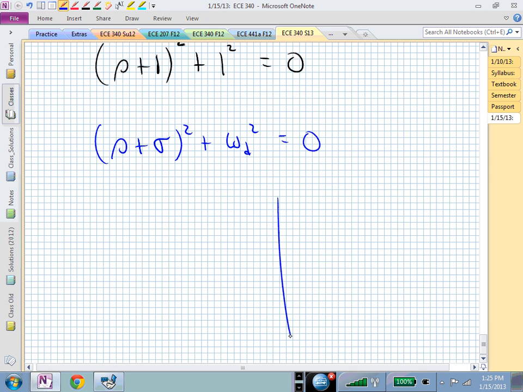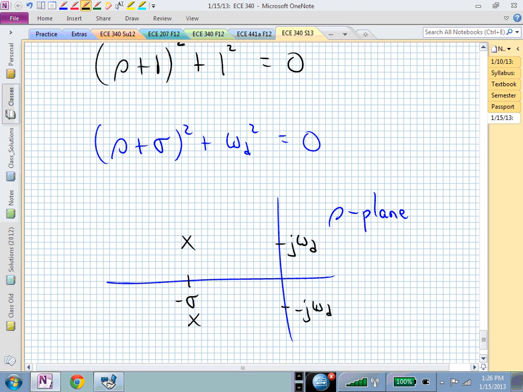In this picture, in the s-plane, where I might have the real part over here at minus sigma, and maybe my imaginary part, j omega sub d, and its twin, minus j omega sub d, I would now have poles here and here.